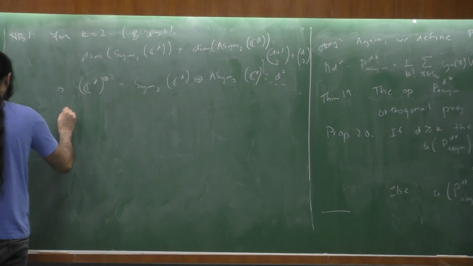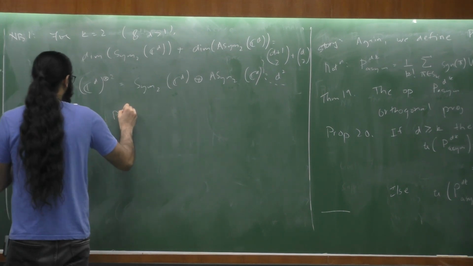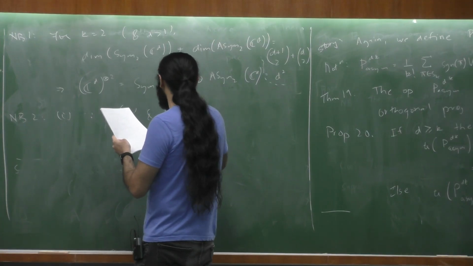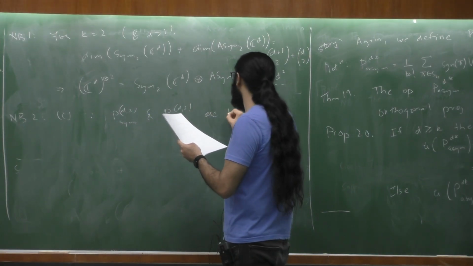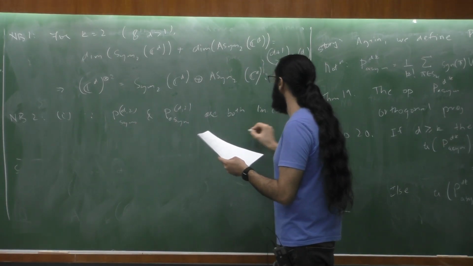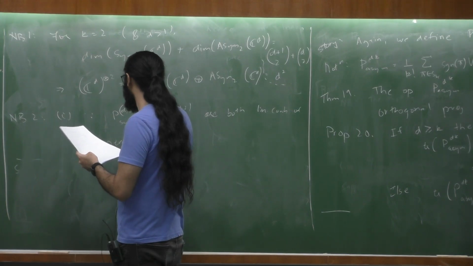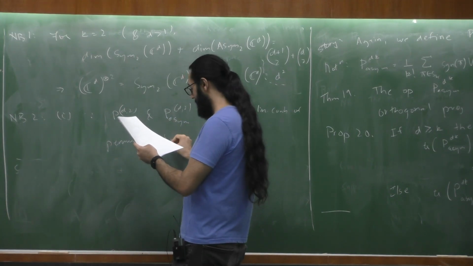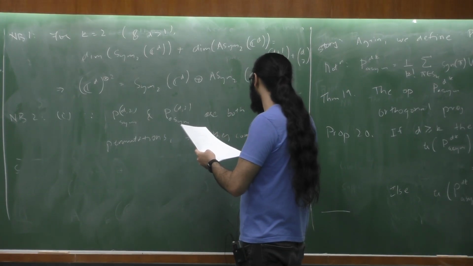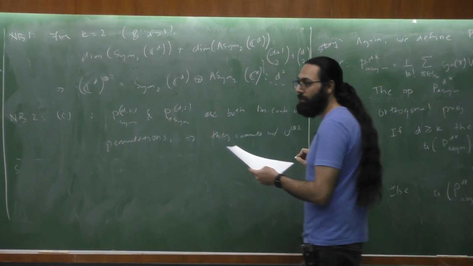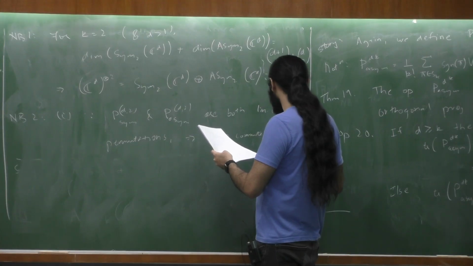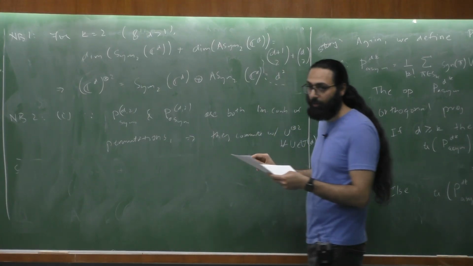Now that we're doing it, might as well actually also write. So now because P_sym d 2 and P_asym d 2, right, are both linear combinations of permutations, it implies they commute with U tensor 2 for all U, right? Because it doesn't matter what order you're in. So basically that means that these objects are in the commutant, right?